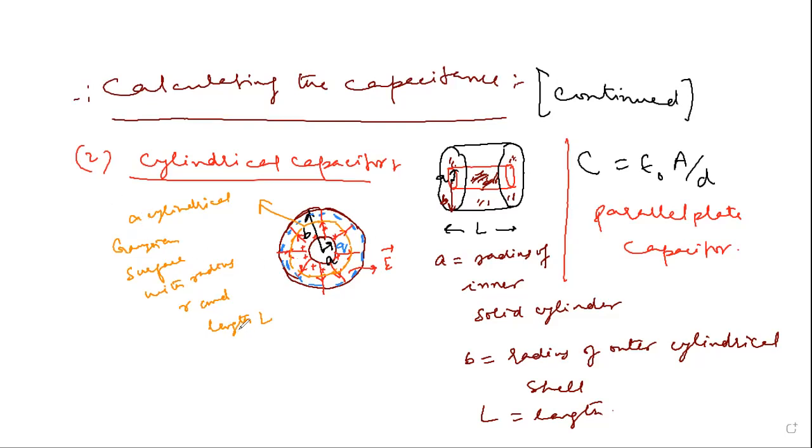And this cylindrical Gaussian surface is obviously coaxial with the cylinder. So I use some other color. Let me use this. So what is the radius of this? R.